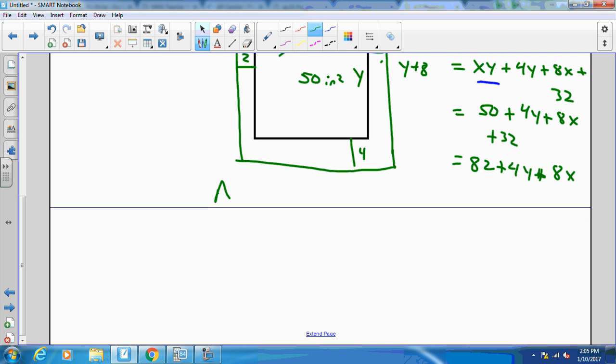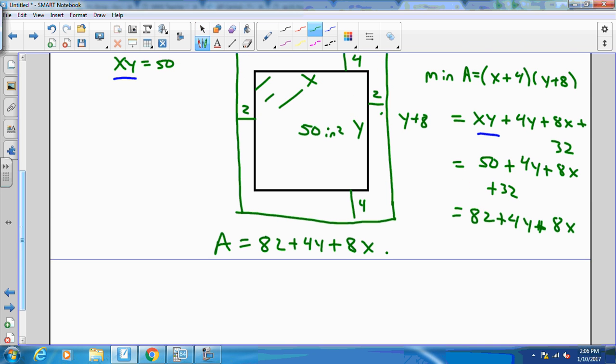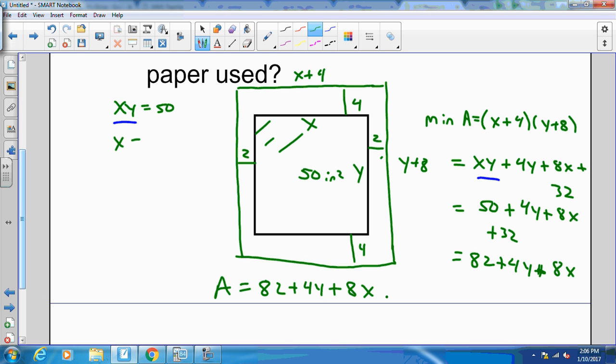I've got an area function that I'm trying to minimize, but I still have two variables. And because I still have two variables, I'm still going to need to do some substituting. Exactly. X is equal to 50 over y. He's choosing to substitute for x. He could have chosen to substitute for y.